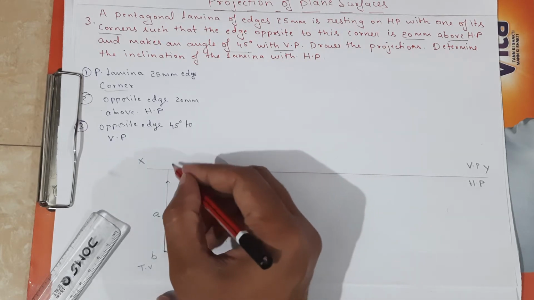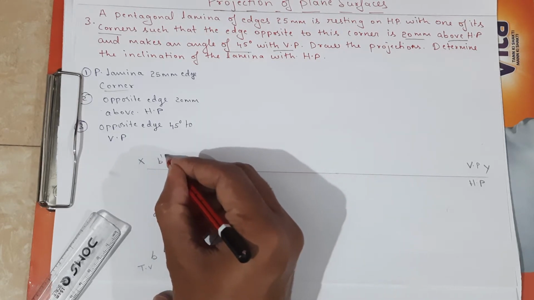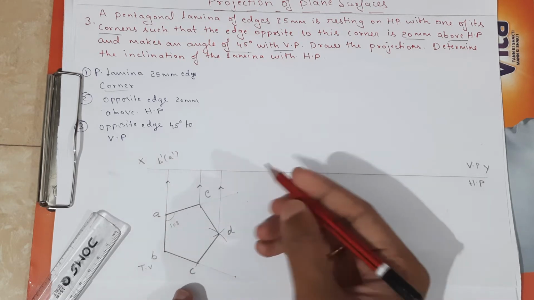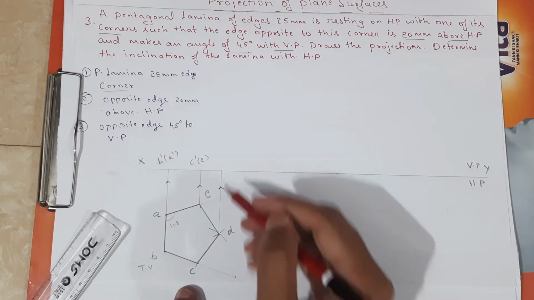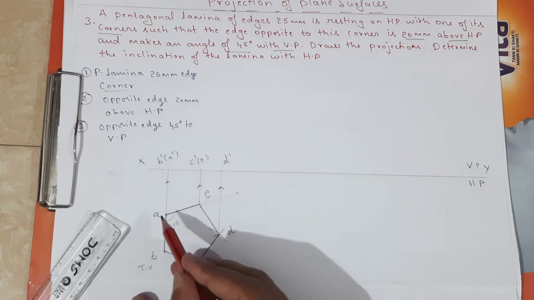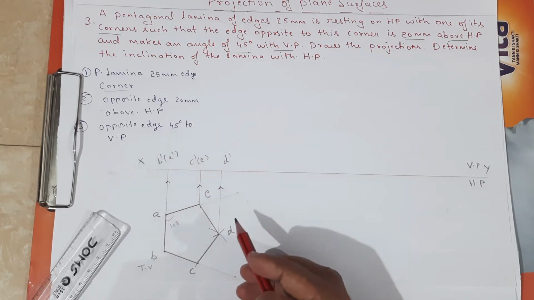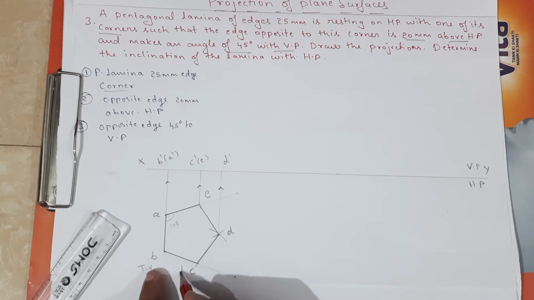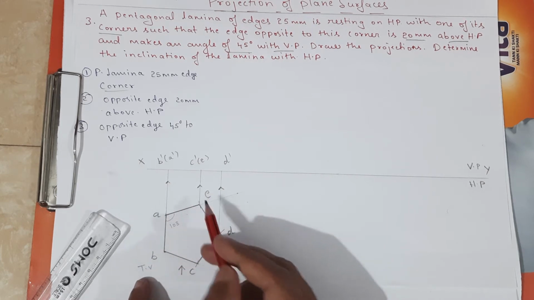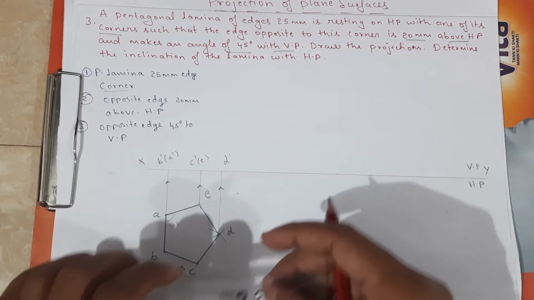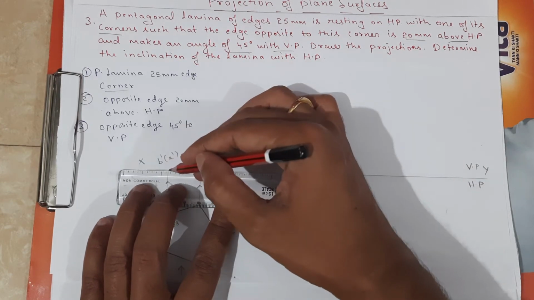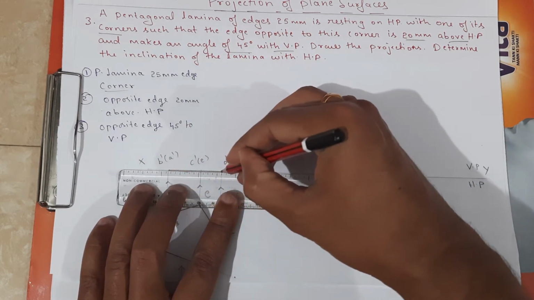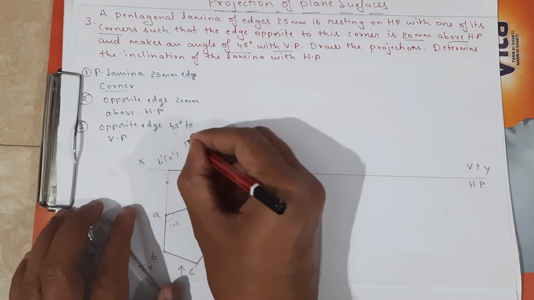This will be B dash and A dash, this will be C dash, E dash, and this one will be D dash. Why should A dash and E dash be in parentheses? When the observer looks from this side, these corners are invisible, therefore invisible corners must be in parentheses. And this is the front view, that must be dark.